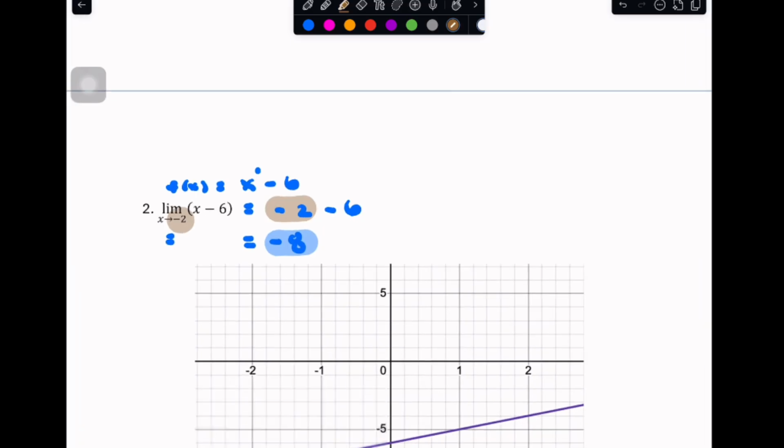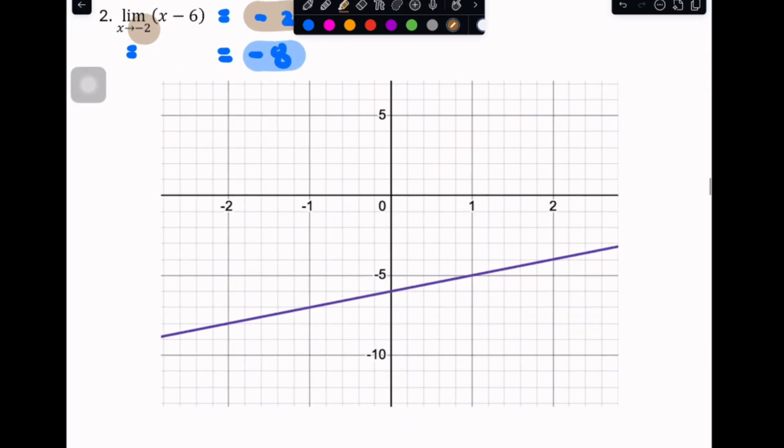Okay, so at negative 2, it's the same situation. As we approach the fixed number, from the left, these x values are getting closer and closer. Okay, what's going on over here to the curve? You're getting closer and closer to a location. On the right, start anywhere. You can start at negative 1, get closer and closer. This is the x-axis, and you're getting closer and closer to a location as well.